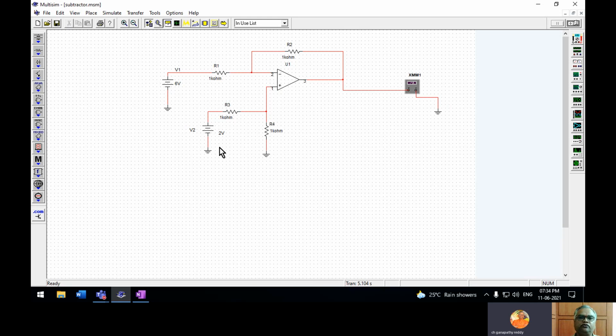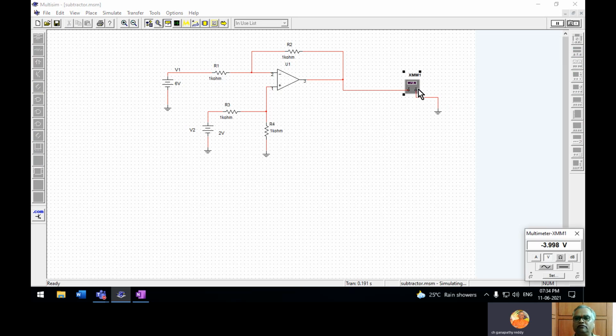So here V1 is 6 volts, V2 is 2 volts, R3 and R4 in series. Here R1, R2, R3, R4, same notation I used, with a multimeter. So connect the circuit as shown in the figure and run the program. Now click on the multimeter.